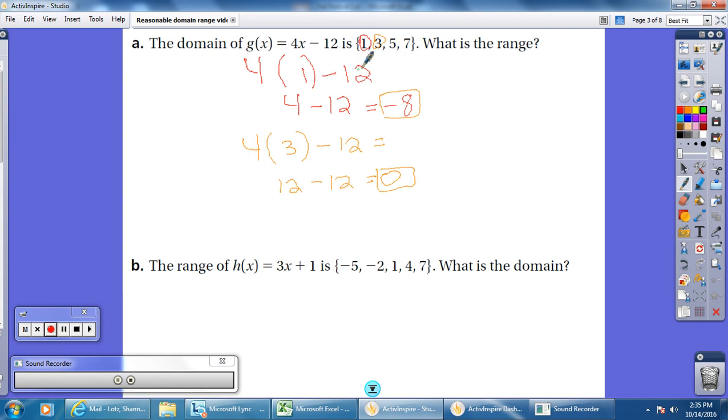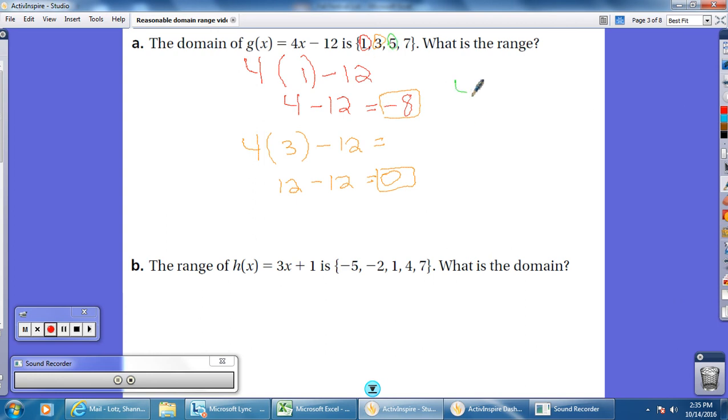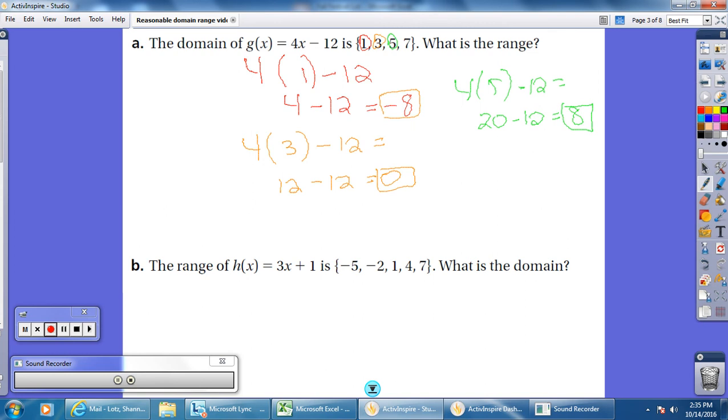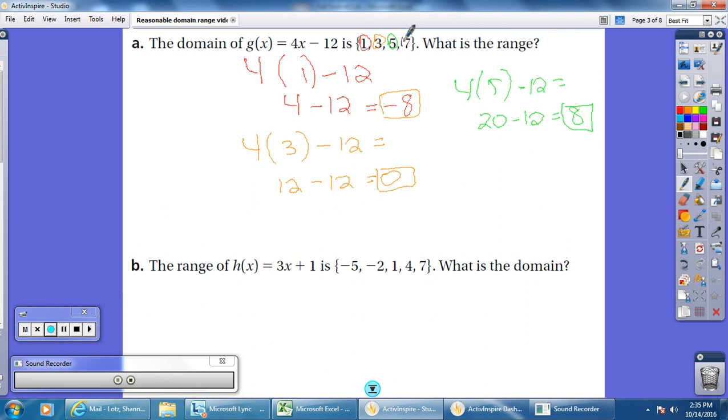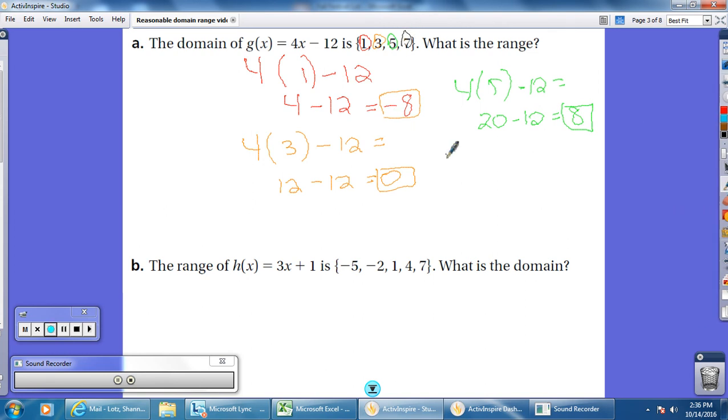So now we're going to do the next number, 5. 4 times 5 minus 12 is equal to, well, 4 times 5 is 20, minus 12 is equal to 8. So there is our third output value. And then we're going to do the last one, 7. So then we're going to input 4 times 7 minus 12 is equal to, well, 4 times 7 is 28. 28 minus 12 is 16.